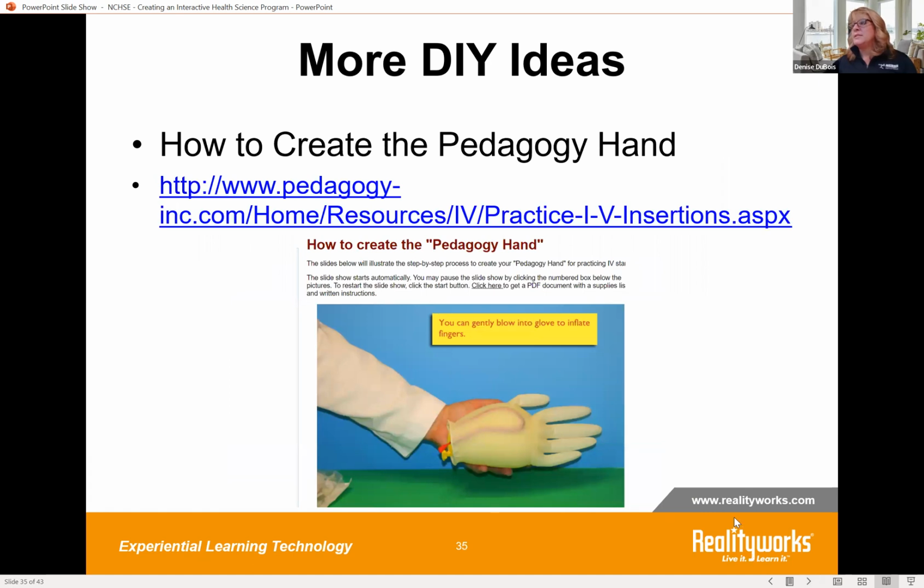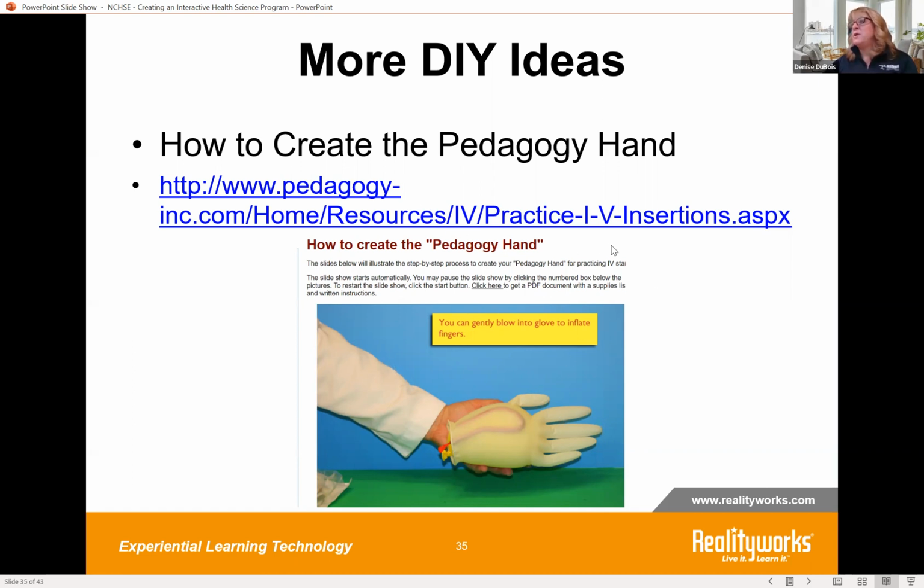Here's one they called a pedagogy hand, and you can see they've used some kind of a medical glove, plastic glove, and they've blown it up, or it looks like they've got a balloon inserted in it, and then some kind of a tube of sorts in it. I believe that would then be used for blood draws or something, or certainly feeling, palpating for a vein or an artery, the way it looks.